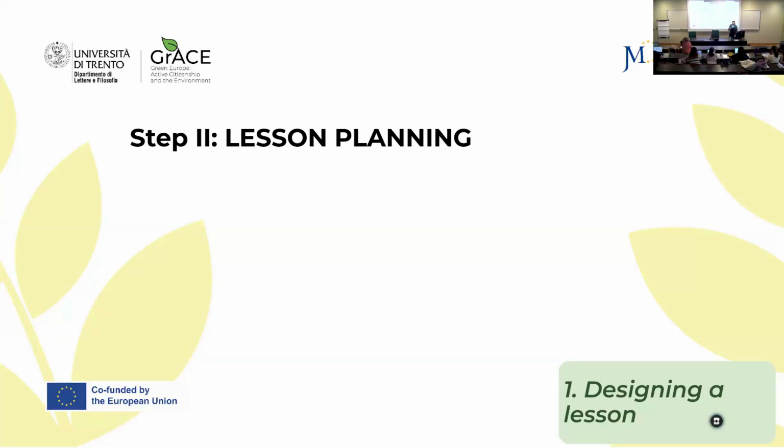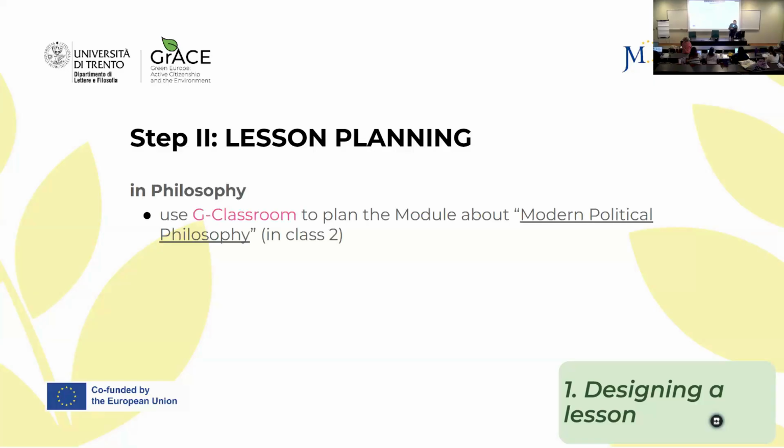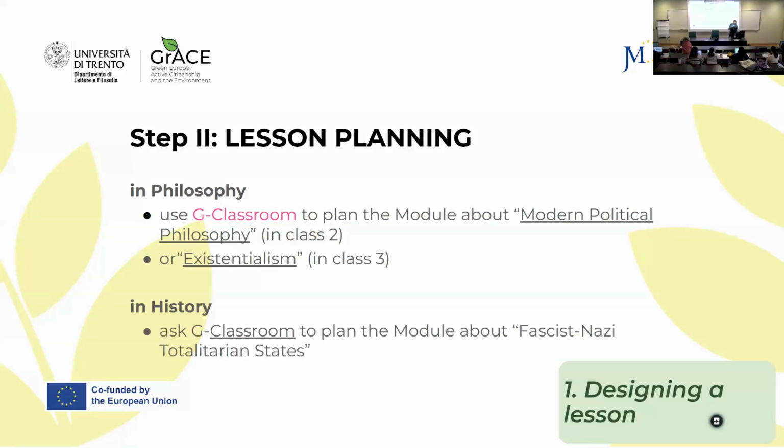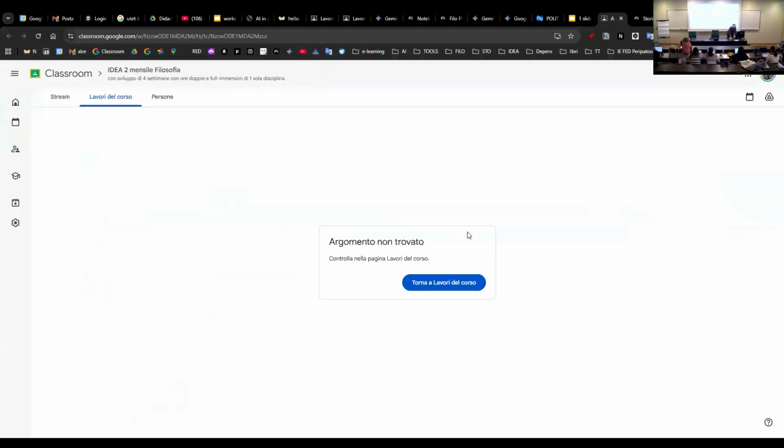How do I plan my lesson? In philosophy, I use Google Classroom, like you. In history, Google Classroom. But the way I shape my Google Classroom, let me show you, because it's important to me.